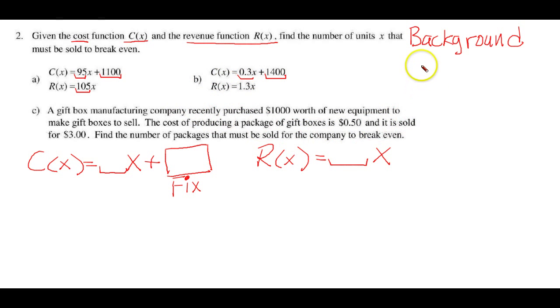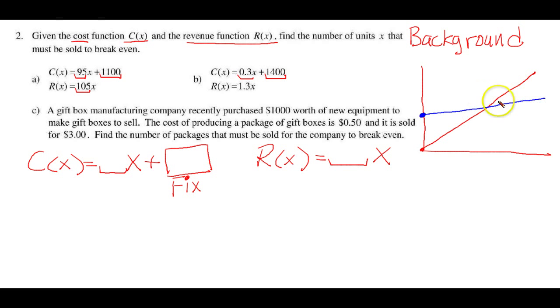Now let's look at it in terms of a graph as well. For our revenue, we're going to start at 0, and as we sell items, we end up with a line like so. Now our fixed cost puts us up here on cost, and then that graph would look sort of like that. I'm exaggerating a little bit, but what I'm interested in is where these graphs will intersect.